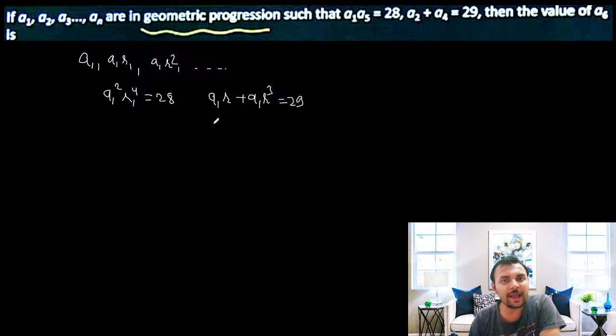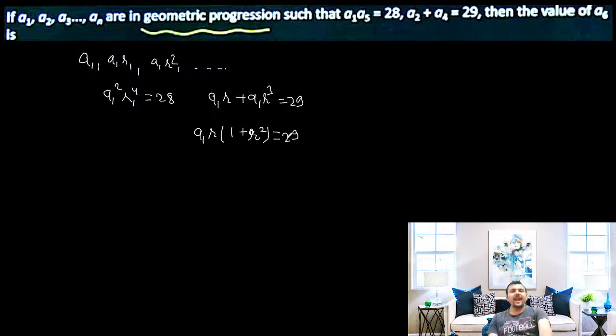Now what will happen? If we take A1R common, we have 1 plus R square, which is 29, and A1R square. So this is what we have. If we divide both of them, we get 1 plus R square is equal to 29 upon.